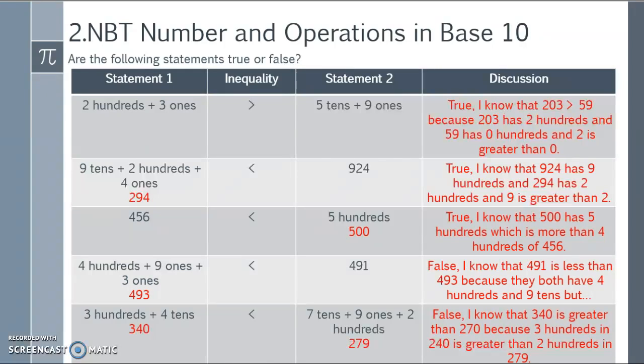False. I know that 340 is greater than 279. Typo, I apologize. Because 3 hundreds in 340 is greater than 2 hundreds in 279.